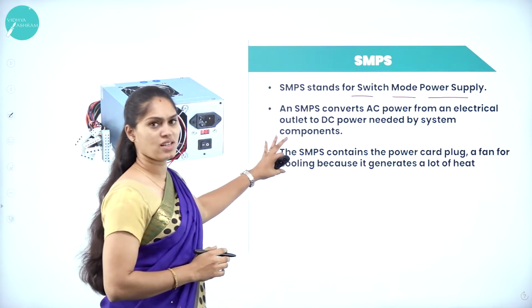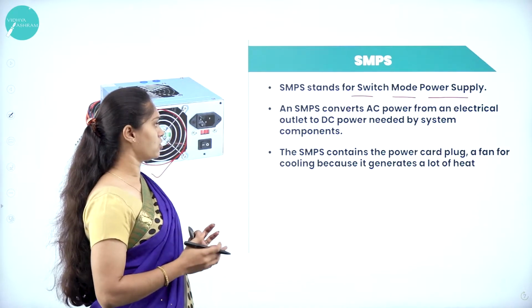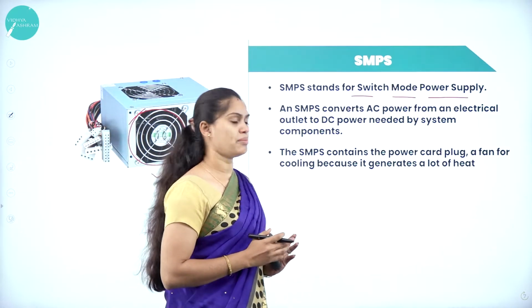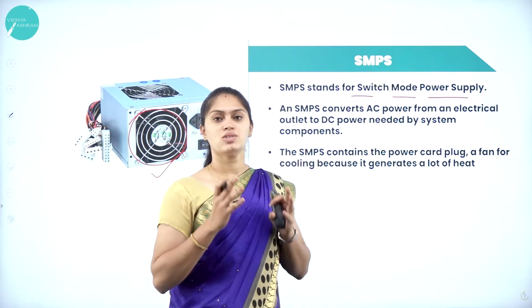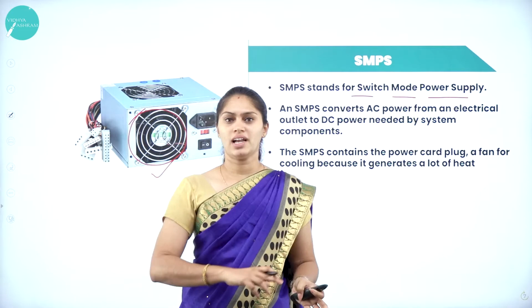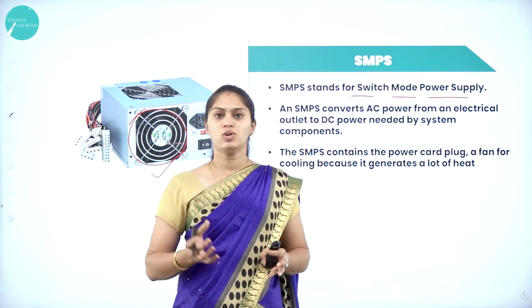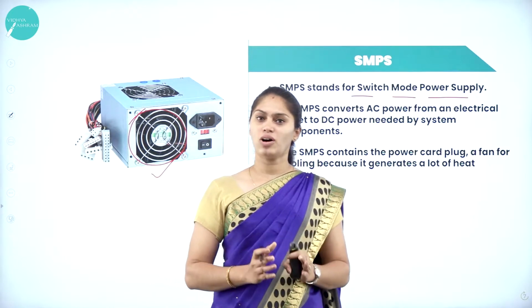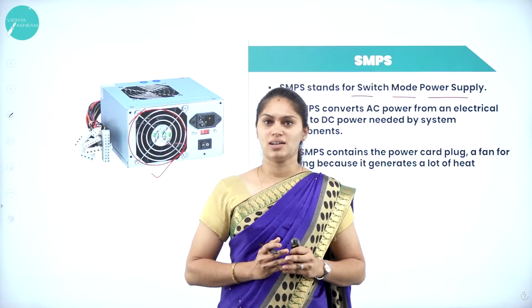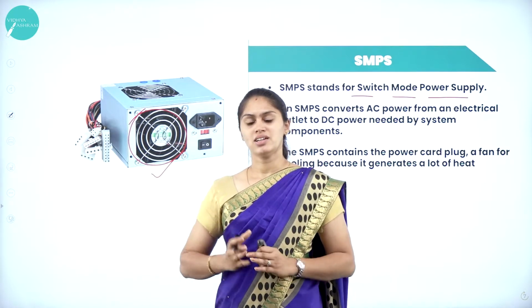This SMPS will convert AC power from an electrical outlet to the DC power needed by system components. So what is the working of this SMPS? It converts alternating current to direct current. That power supply will be utilized by the components of a computer system in order to prevent failures, breakdowns or shutdowns.